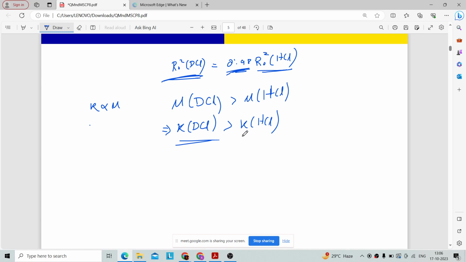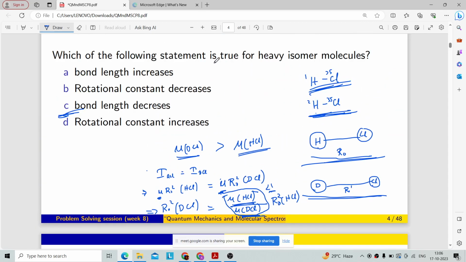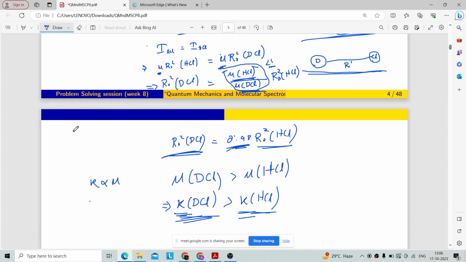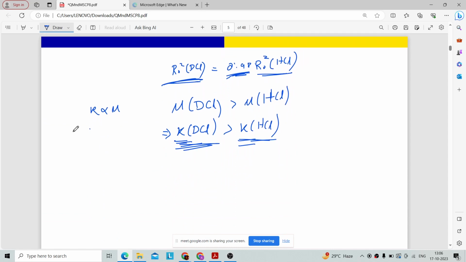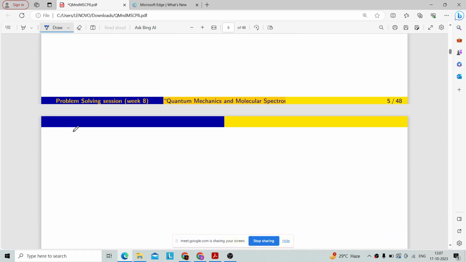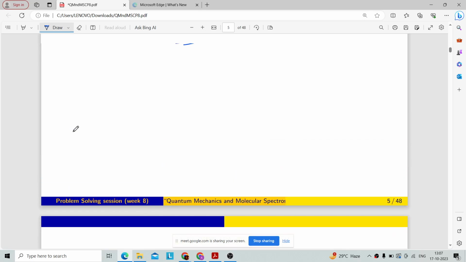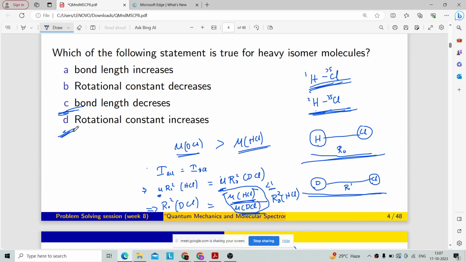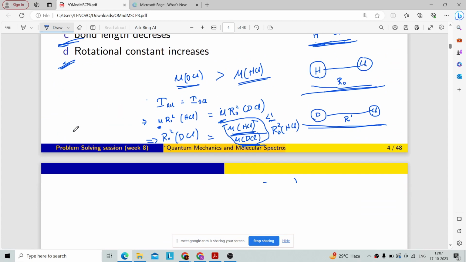So DCl and HCl are isomers, and the heavier one will have higher force constant compared to the lighter molecule.